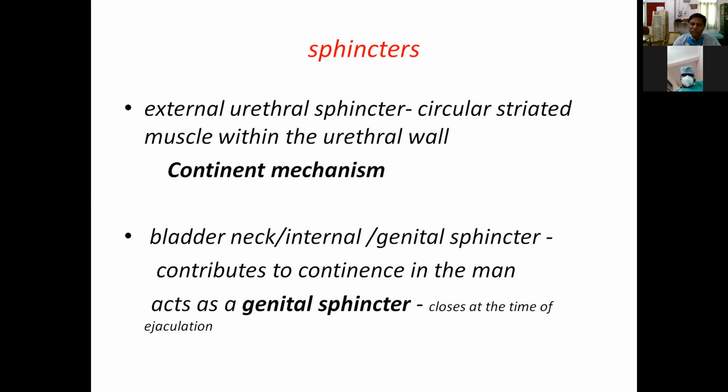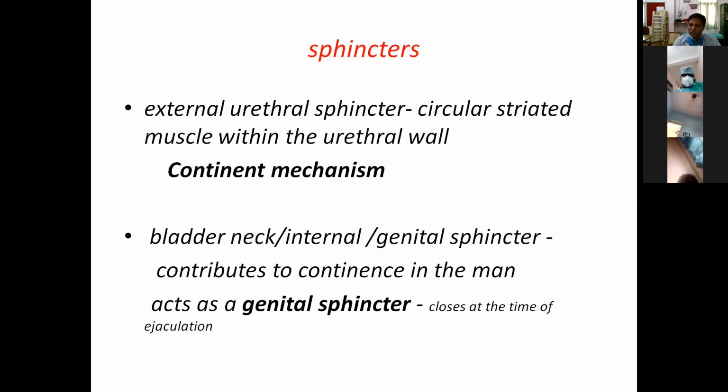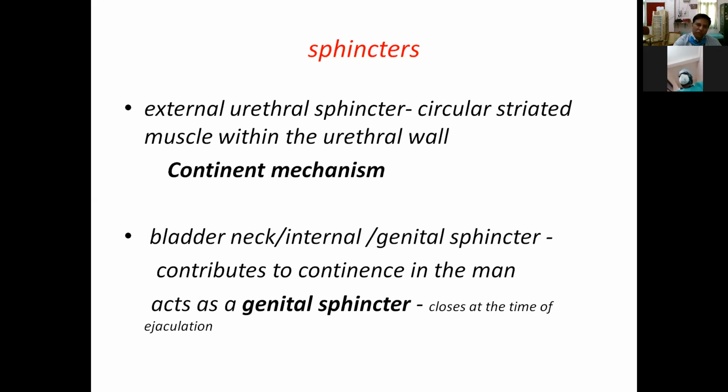When the sperm gets ejaculated into the prostatic part of the urethra, it can go either way. It can go into the bladder, which is the least resistant pathway, or it can go along the distal part of the urethra. So to facilitate the passage of sperm through the urethra, the internal sphincter closes and acts as a genital sphincter, so that the ejaculate will come out through the distal part of the urethra.